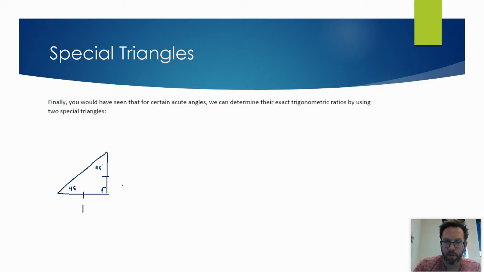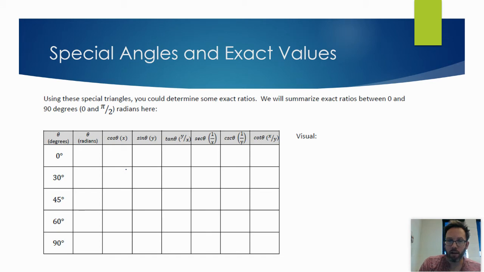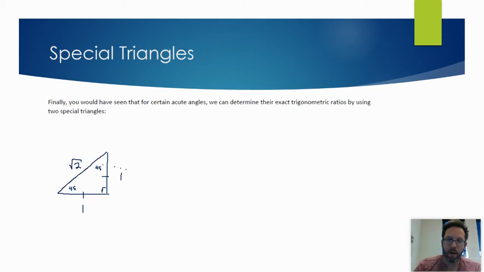If you give the 2 legs a length of 1, you can use the Pythagorean theorem. 1 squared plus 1 squared is 2, and the hypotenuse is the square root of 2. In the following table in a second, we're going to use that to get some exact values. As you can see, for 45 degrees, you have the exact values for adjacent, opposite, and hypotenuse, and so you can get exact values for cosine, sine, and tan of 45.